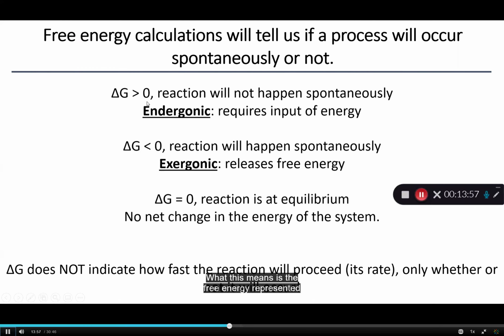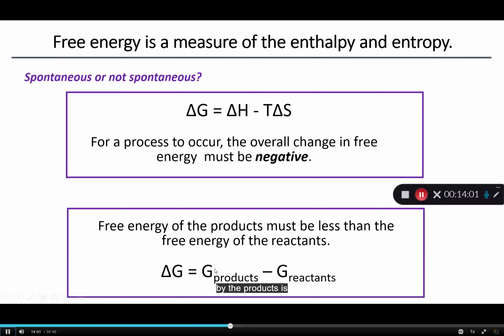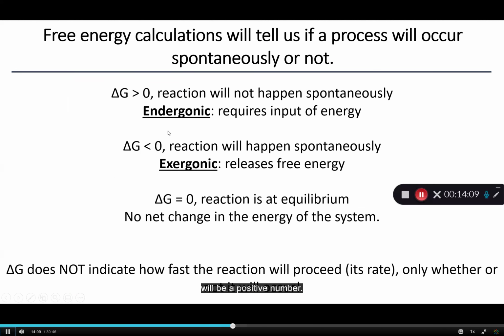What this means is the free energy represented by the products is much greater than the energy represented by the reactants, and therefore this overall number will be a positive number. This is referred to as an endergonic reaction and requires the input of energy to proceed. So this means for a reaction that has a positive delta G, energy must be absorbed from the surrounding environment.